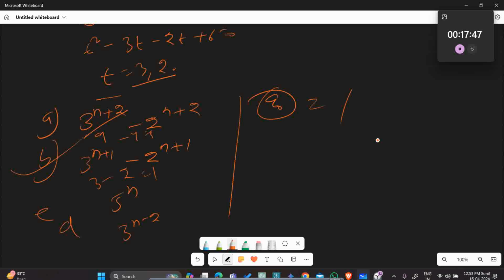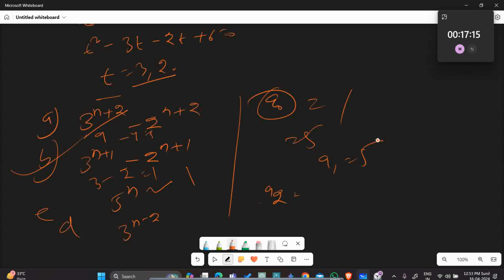This is the correct answer, B is correct. And 5 to the power n is also 1. So we will check for a1 here. a1 is equal to 5, and this is also 5.